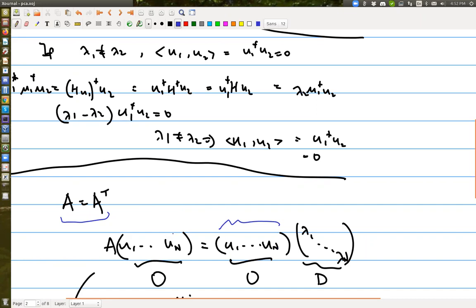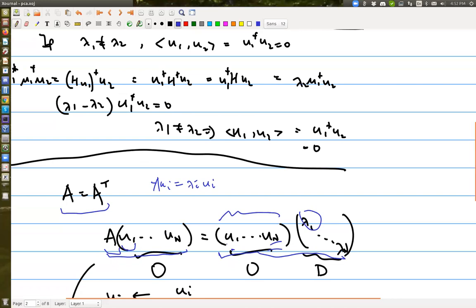They are orthogonal to one another. Then I have A U_i equal to lambda_i U_i. I think you have probably seen this kind of stuff before. So consider the first one, A U1, it will be equal to lambda 1 times U1, but I can write it in this way.